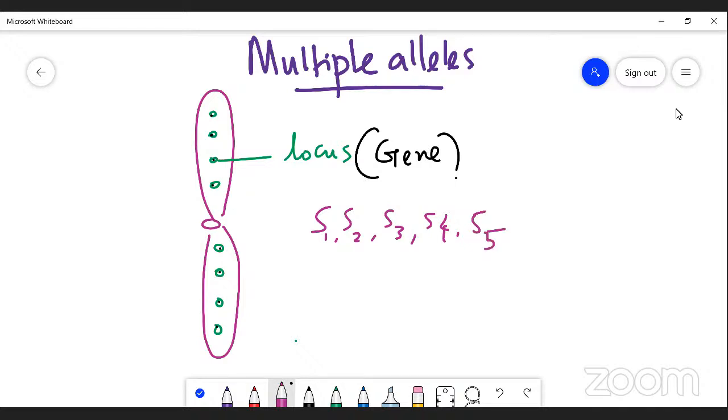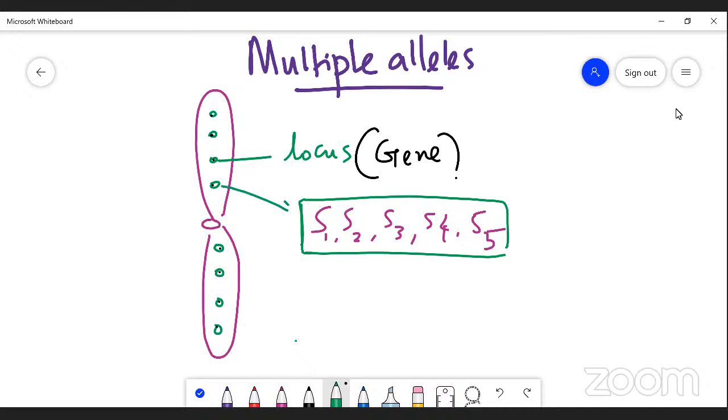This group, or series of allelic forms of genes, occupies the same locus of the homologous chromosome. If you take a chromosome with many loci, each locus may possess a number of genes. Here, this locus consists of a series of allelic forms: S1, S2, S3, S4, S5. It is an example of multiple alleles.